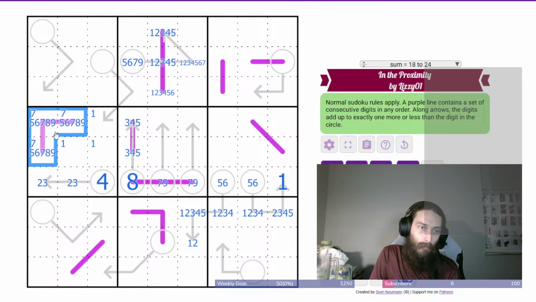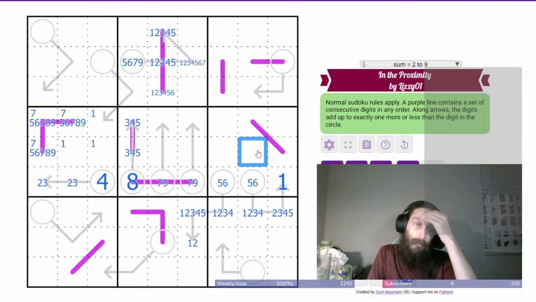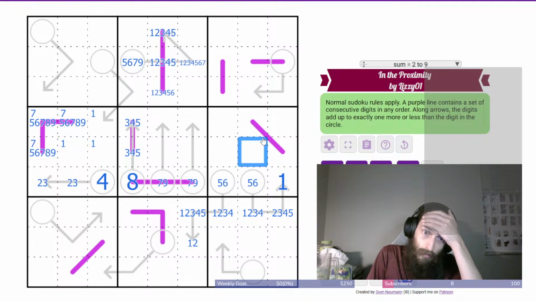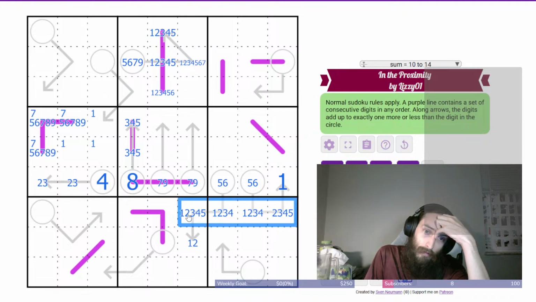And 5 through 7 or 9 through 7 forces a 7 on there. This is either 10 or it's 11. So 1 through 3 is on here.